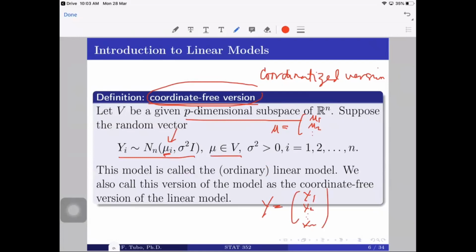Your mean vector is actually in V. You will see later that this mu, which is in V, is actually the projection of y onto V. So if you have a vector y, we project it into the space V, and we can just look at the mean vector, or this projection of y onto V, which is your mu.